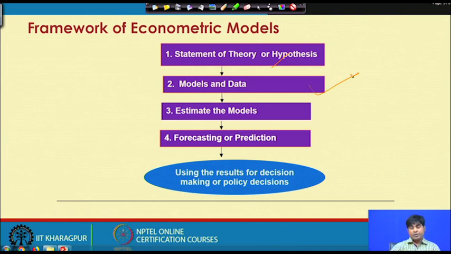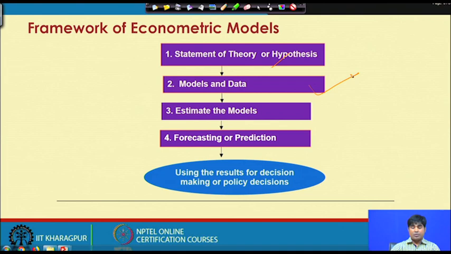Once you have models and data, connected to some theory, we will go for the empirical process, that is called the estimation process, where we have to estimate the identified models or the derived models.